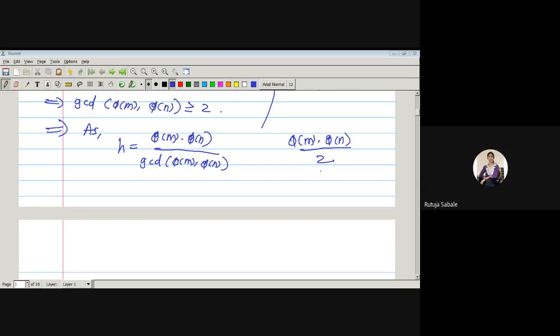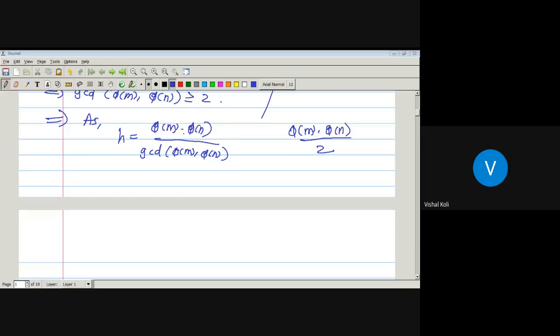The first is less than or equal to the second, since if the GCD equals 2 the two terms are equal, and if it is strictly greater than 2 this term is less. So h is less than or equal to phi of m into phi of n divided by 2.